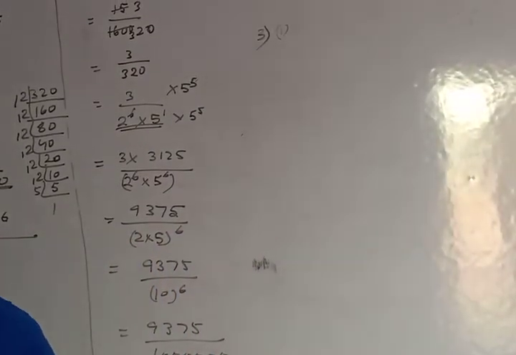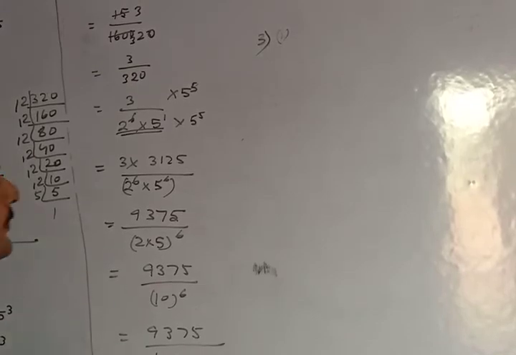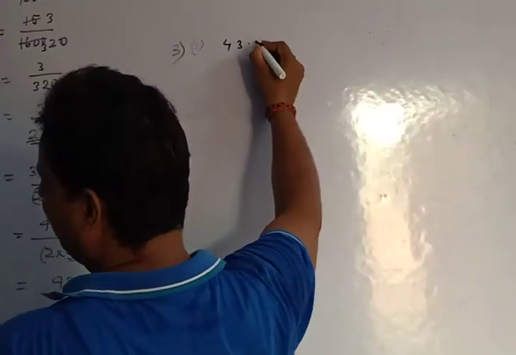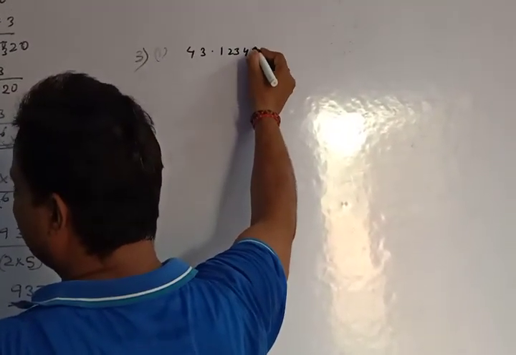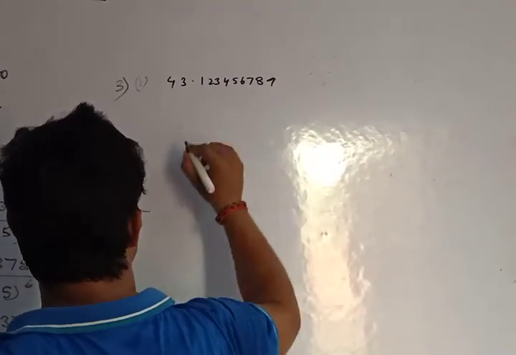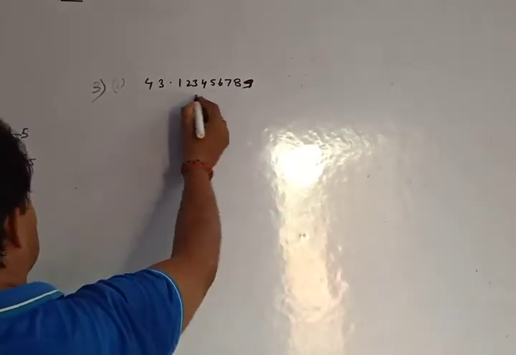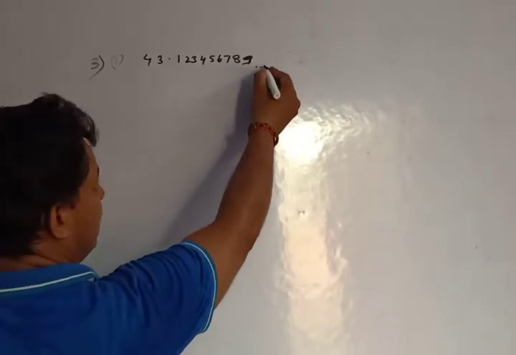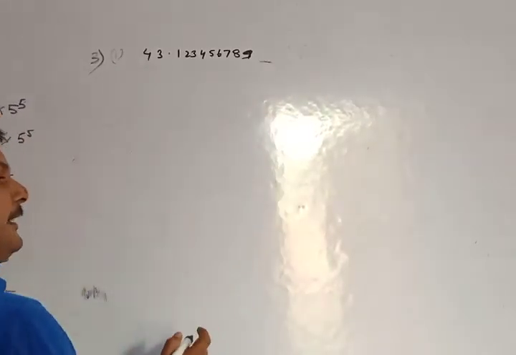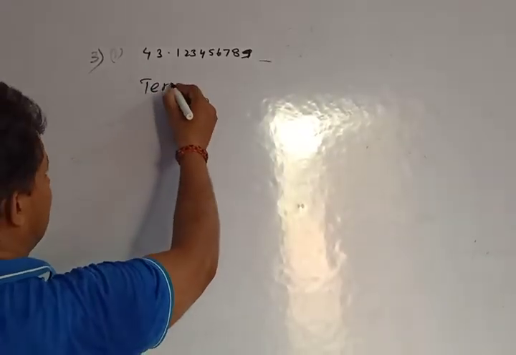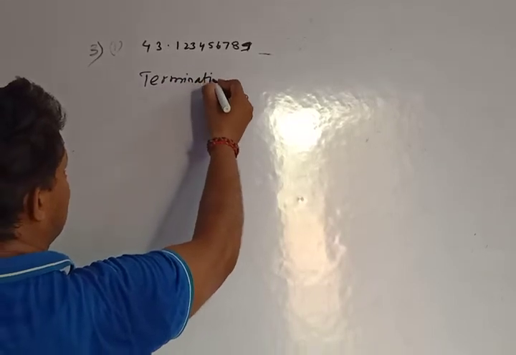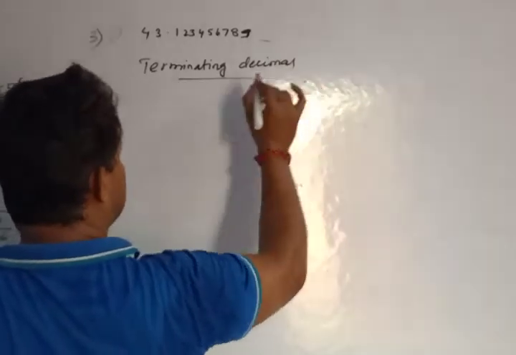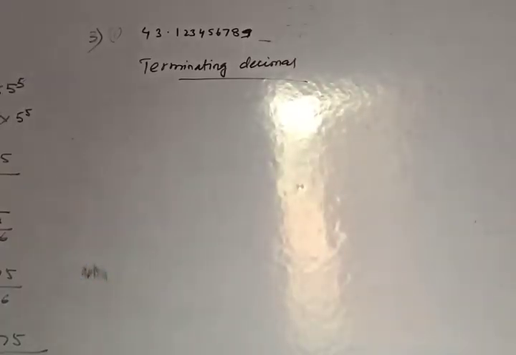See the first part: 43.123456789. This is the number. You observe here that no dots are given after it, which means it is a terminating decimal. The given decimal is terminating.